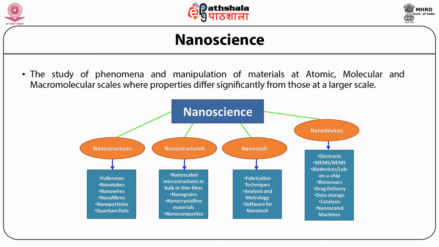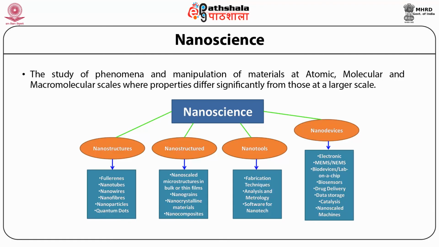Nanostructures can be of various types, that is, fullerenes, nanotubes, nanowires, nanofibers, nanoparticles, and quantum dots. Nanostructured materials consist of nanoscaled microstructures in bulk or thin films, nanograins, nanocrystalline materials, nanocomposites.